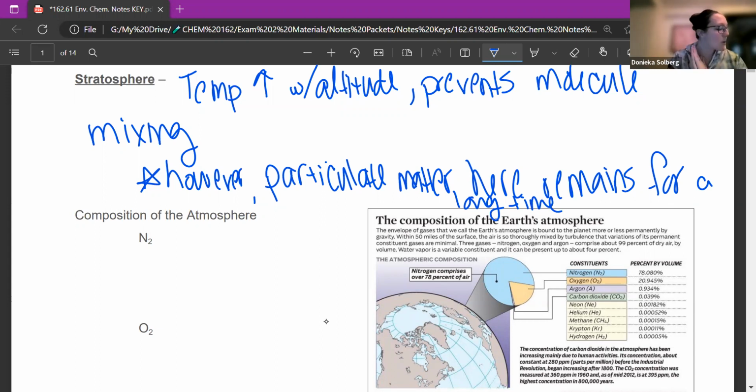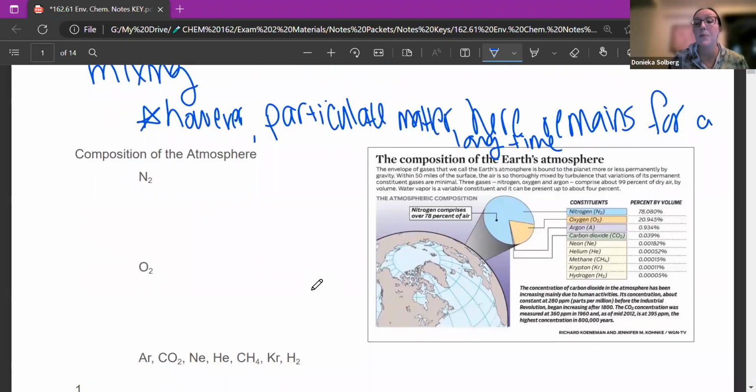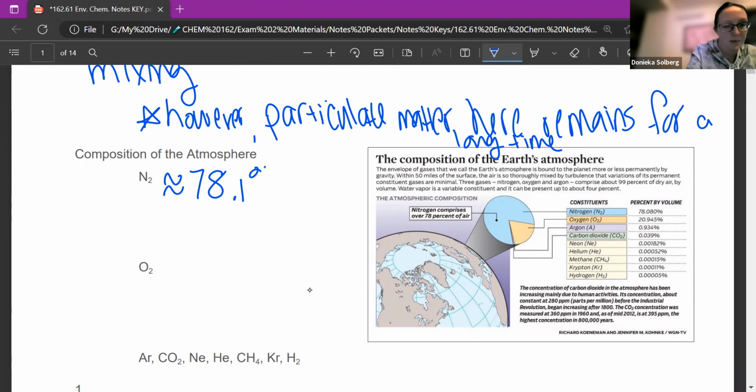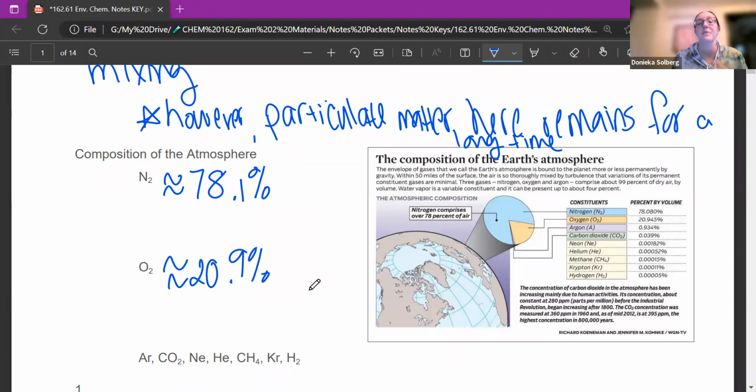Okay, so we're going to move on to composition of the atmosphere. So what is in our atmosphere? And you probably know the main two components, of course, nitrogen and oxygen. Nitrogen is about 78.1% of the atmosphere, and oxygen is about 20.9% of the atmosphere, which means that there's not much else, right?